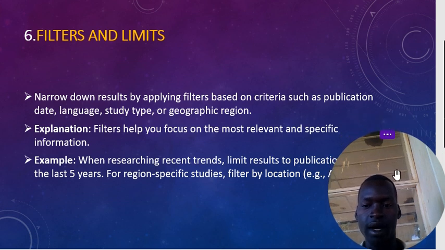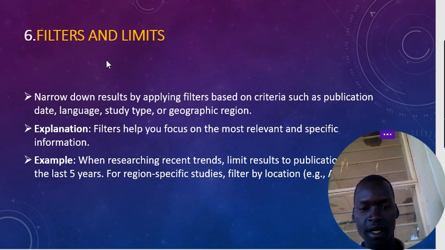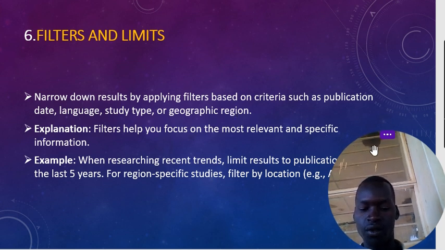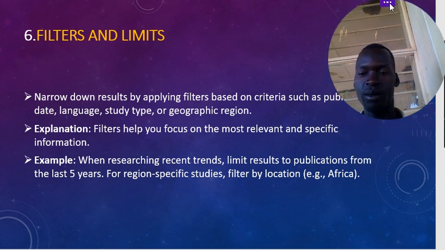Under filters and limits, in your search results, you need to narrow down results by applying filters based on criteria such as publication date, language, study type, or geographic regions. Now, what is the reason for these filters and limits?